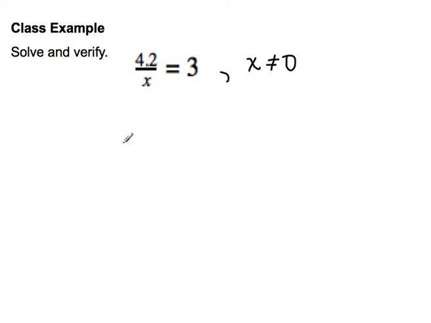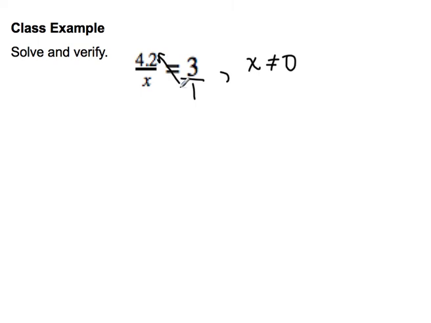Okay? You'll learn more about that in high school. All you guys have to know is that the denominators cannot equal 0. Okay, in this example, I really don't like teaching cross multiplication, but in this example, and for grade 9 students, I think it's perfect. So here I'm going to cross multiply.